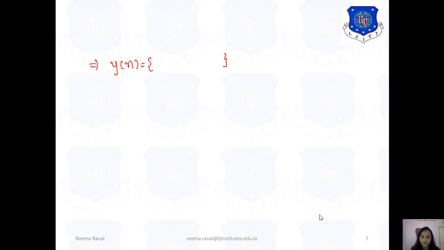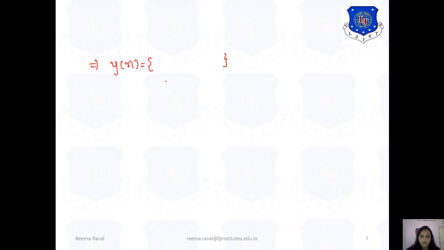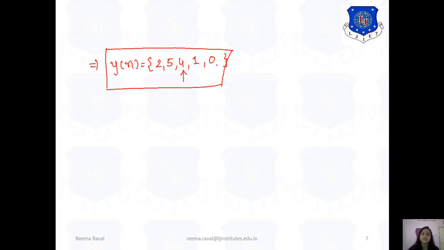So 2, 5, 4, 1 and 0 is the answer. But here the arrow will be at the position where n equals 0, and at n equals 0, y of 0 is what? 4. So this is the answer of the convolution output, or else the linear convolution output. Okay.